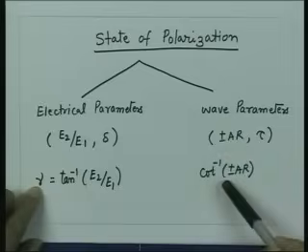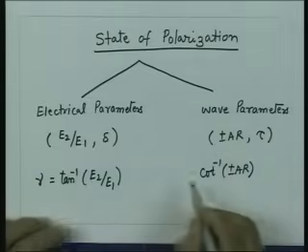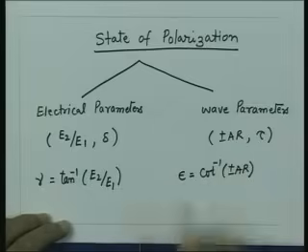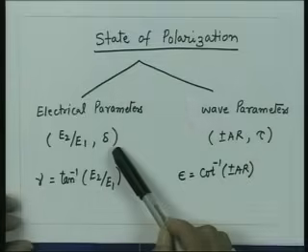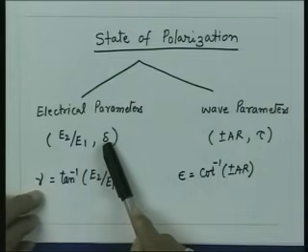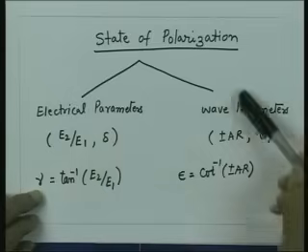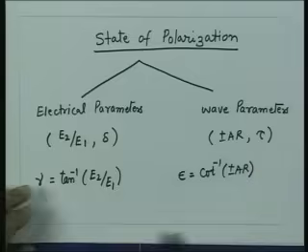The axial ratio also is defined equivalently in terms of this angle. We call this angle, let us say, epsilon. So, the state of polarization in the electrical domain now is defined by the pair of angles gamma and delta, or in wave parameters it is defined in terms of two angles epsilon and tau.